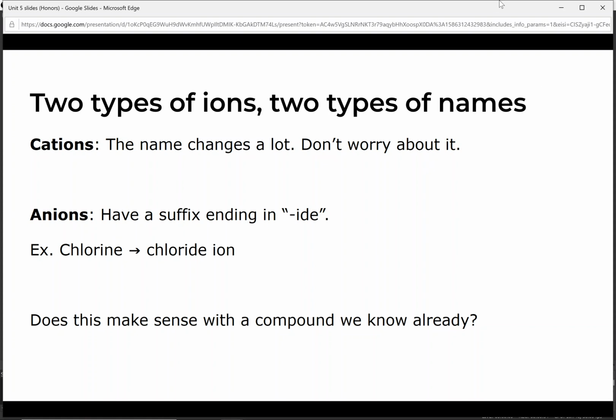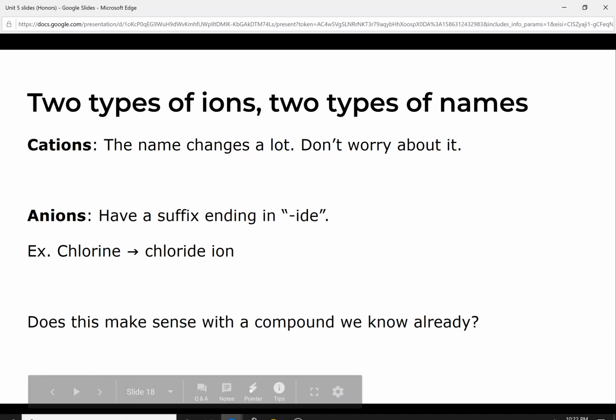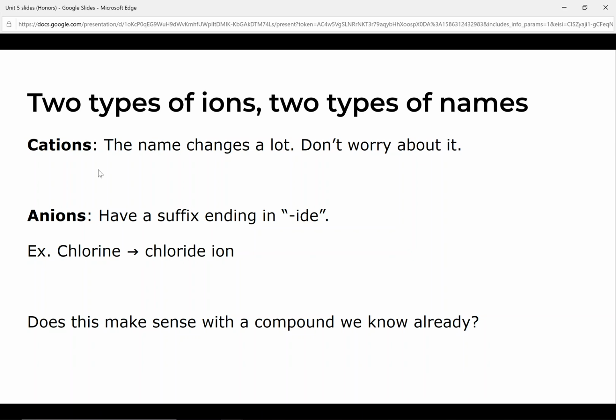So, some things that we've already gone over: there are two types of ions, right? We've got cations and we've got anions. When we're naming them, don't worry so much about the cations, the positively charged ions.